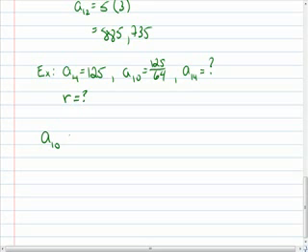compare A10 and A4, whatever we can find to make that some sort of a true statement. By what? Like we did the difference. Yeah.